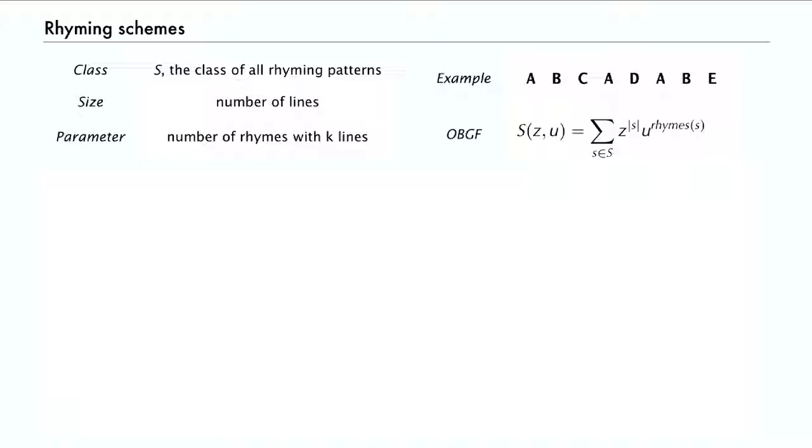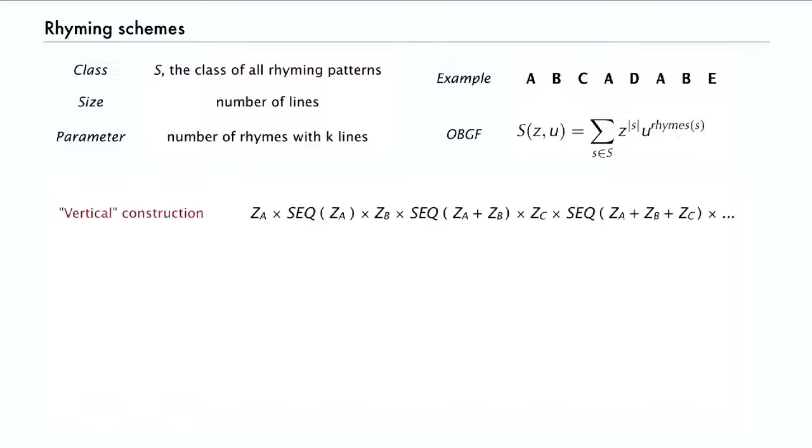So the class of all rhyming patterns, and our size is the number of lines. Our parameter is the number of rhymes with k lines. We use our ordinary bivariate generating function as before, and now the key is what the combinatorial construction looks like. And this one actually is a vertical construction.